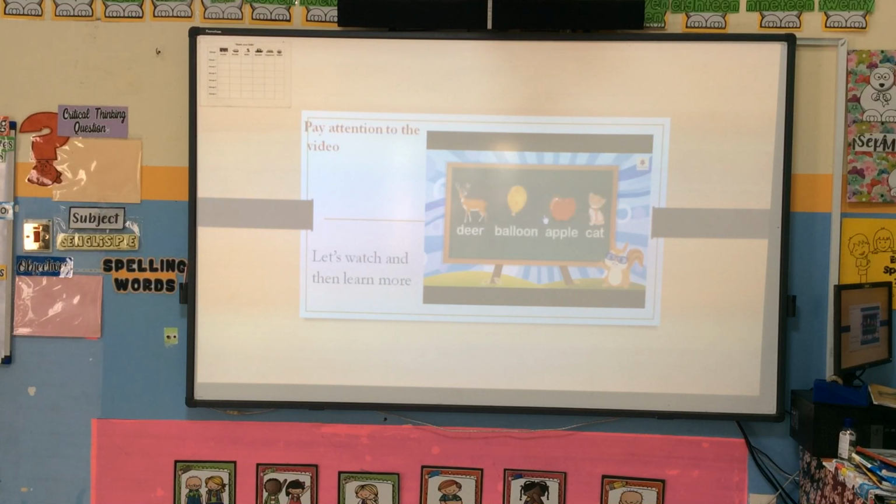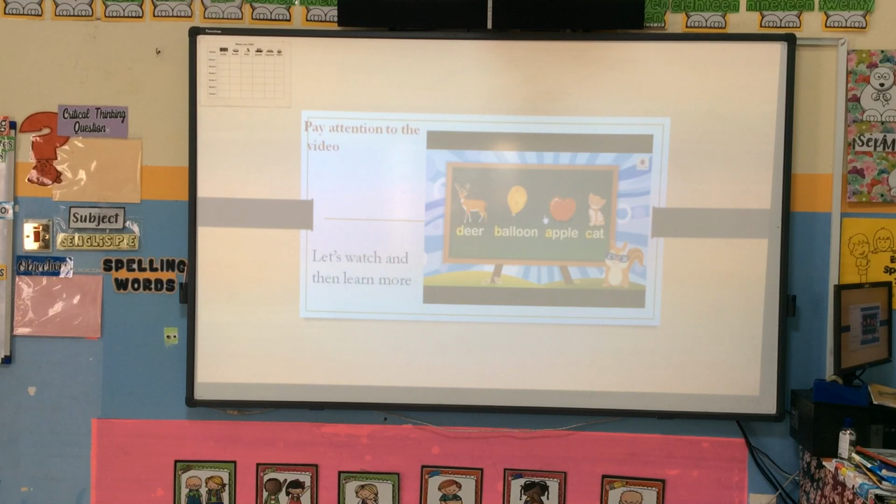Look at this list of words. Deer, balloon, Apple. Cat. This list is not in alphabetical order. To arrange this list in alphabetical order, we look at the first letter of each word.